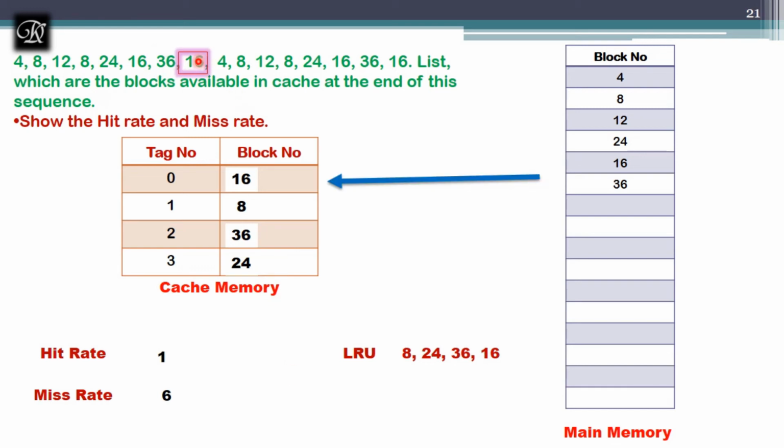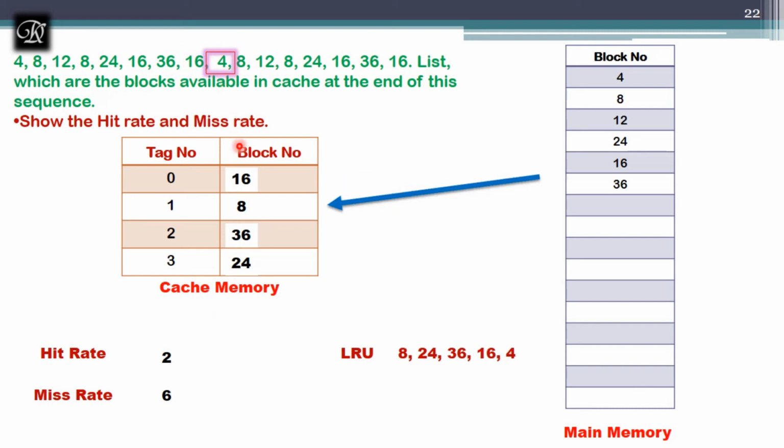The request is 16. 16 is already available in the cache. I need not bring it from the main memory to cache. I can just read whatever the 16 is required for, increase the hit count, and add 16 to the least recently used queue. Now I have 2 hits.